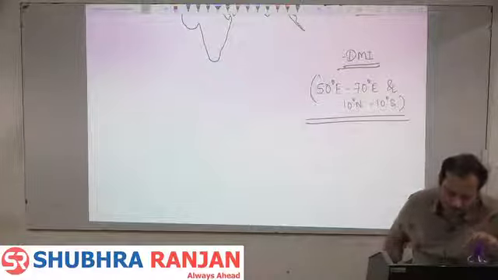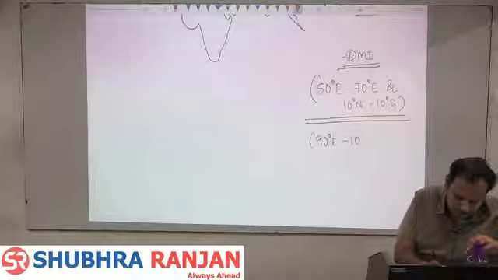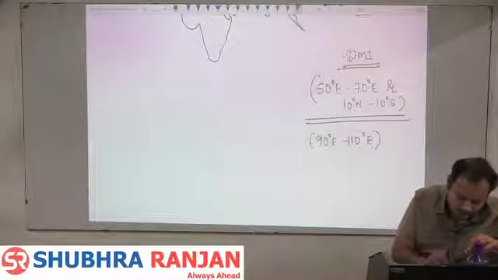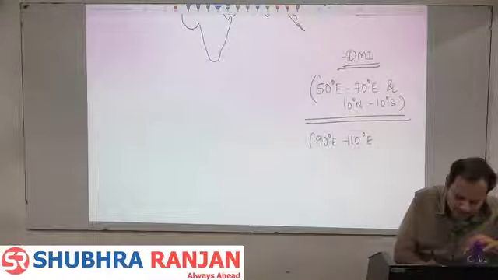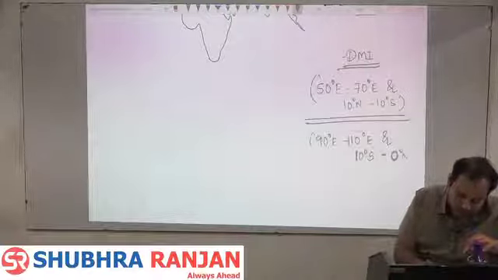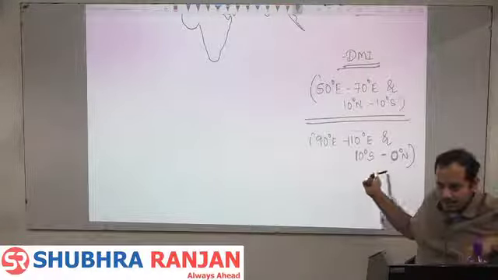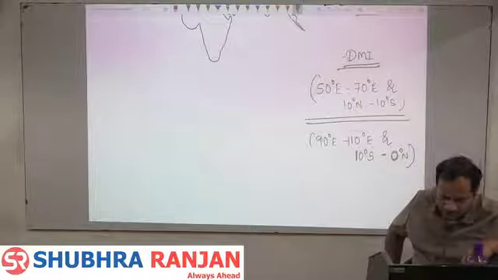And the Eastern Indian Ocean, between 90 degree east to 110 degree east and 10 degrees south to 0 degree north. Remember, it is not 10 to 10. Here it is 0 degree north.